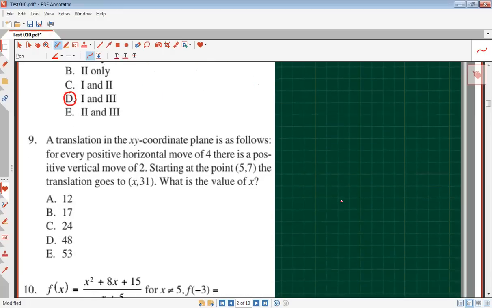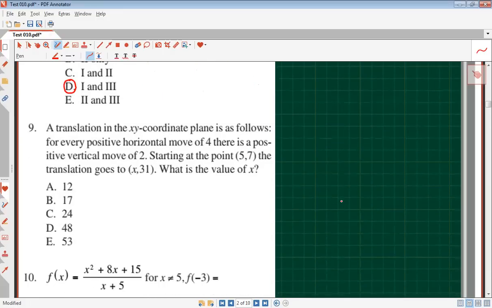Question number 9. A translation in the xy coordinate plane follows this rule: for every positive horizontal move of 4, there is a positive vertical move of number 2, starting at the point 5, 7.